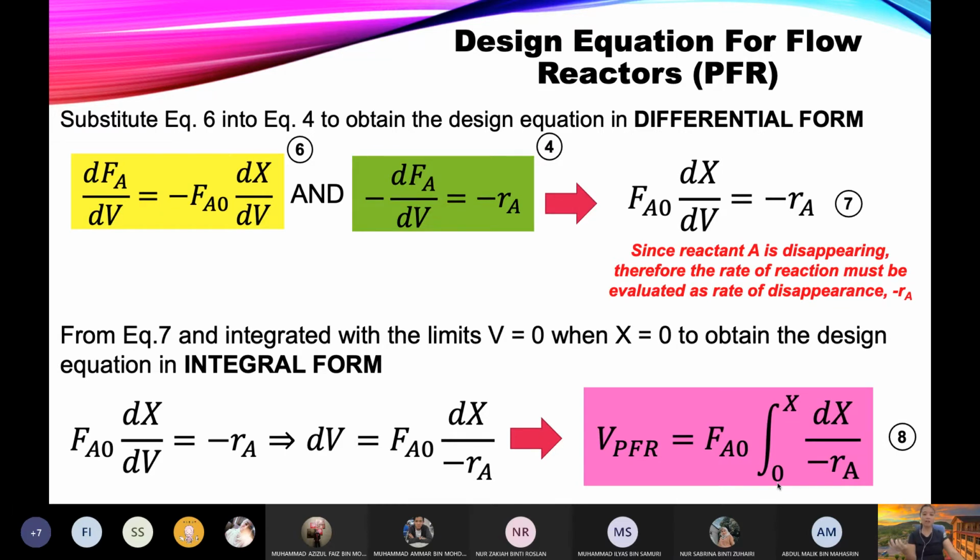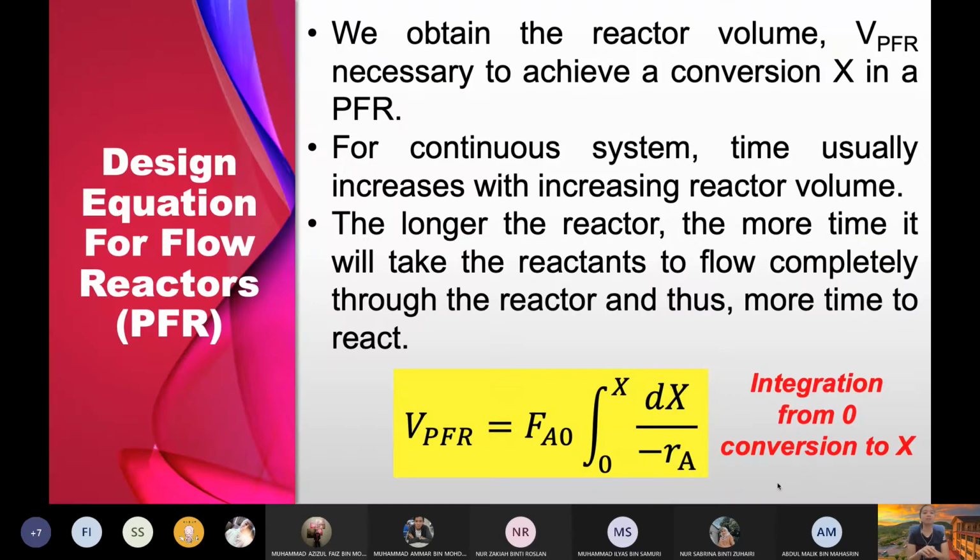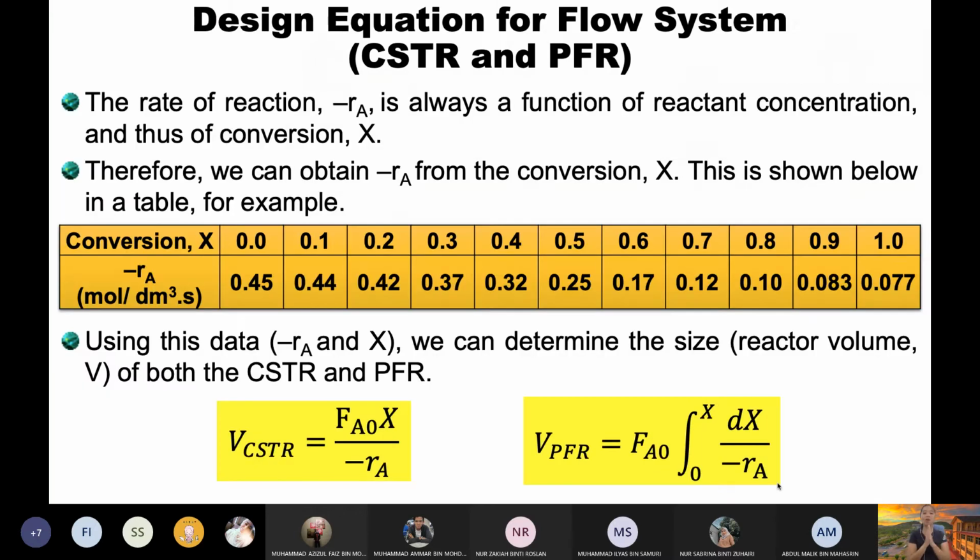Okay, but for the meantime, sebab saya baru ajar satu reaktor, we stick with this equation, means volume PFR, FA0, integration from 0 to X, dx per minus RA.